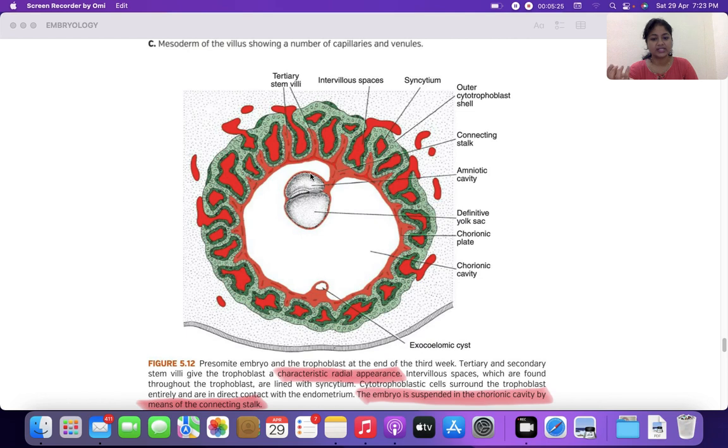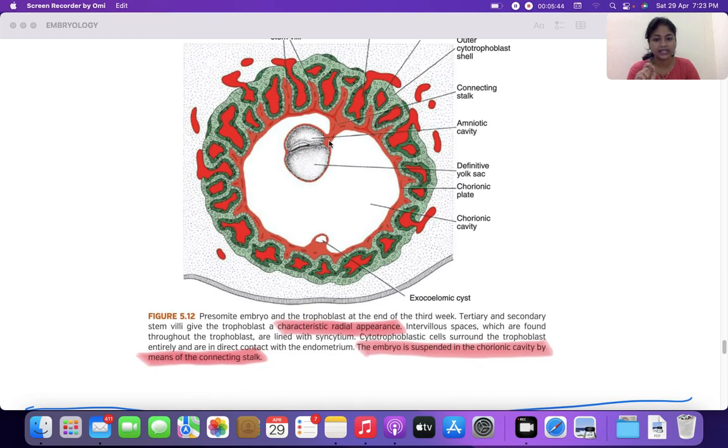In this image, you can see the brown mesoderm invading in between the cytotrophoblast, and then inside the mesoderm there is development of the vessels, capillaries, and also you can see the lacunae are beautifully arranged in a radial appearance. This one is the connecting stalk.